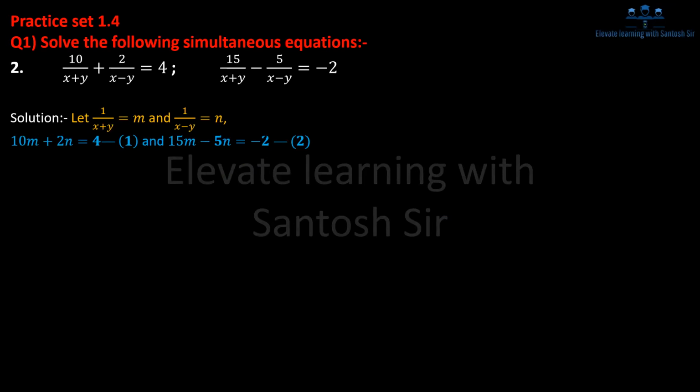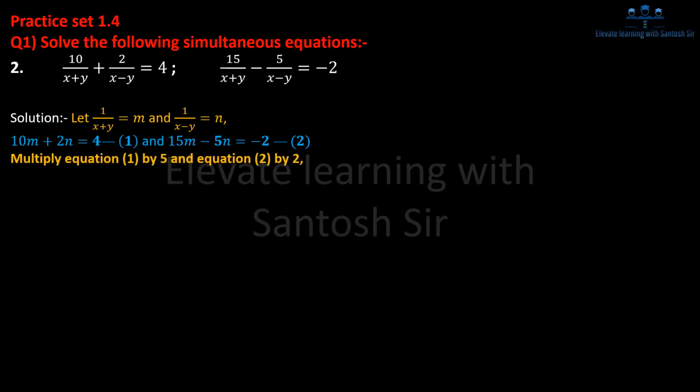We can now follow any one of the methods that we have learned in the previous modules to solve it, but it is always better to go with the elimination method because the problem gets solved quickly. So now in order to eliminate, I need to make the coefficients of any one of the variables the same, either of m or of n. Let's see.